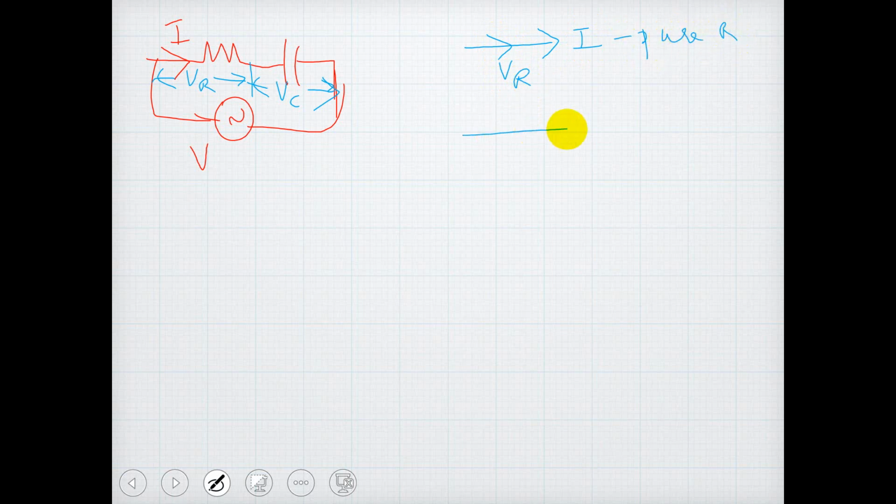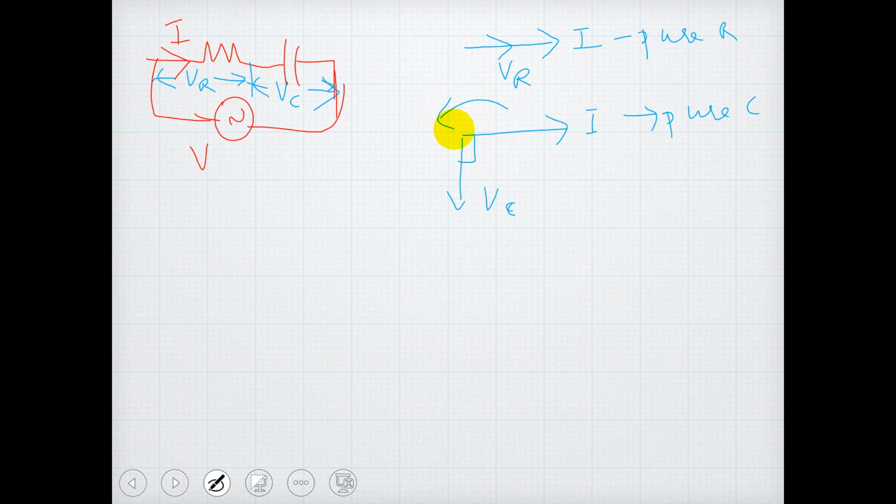So now in case of pure C, we have current leads the voltage by 90 degrees. So if you observe, this is anti-clockwise. So current is leading the voltage by 90 degrees.